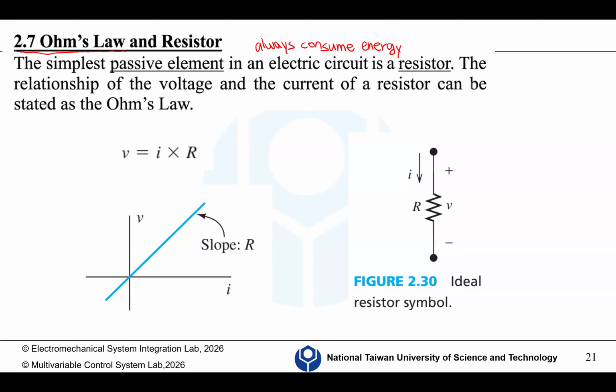The relationship of voltage and current of a resistor can be stated as Ohm's law. Voltage V equals current times resistance. It's a linear relationship.